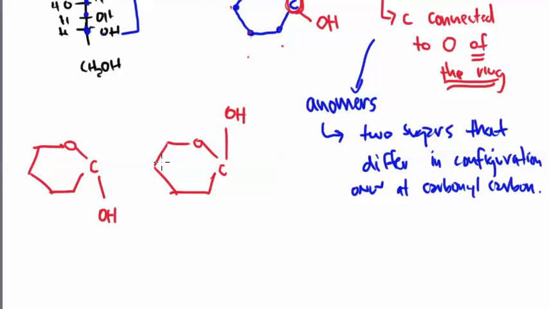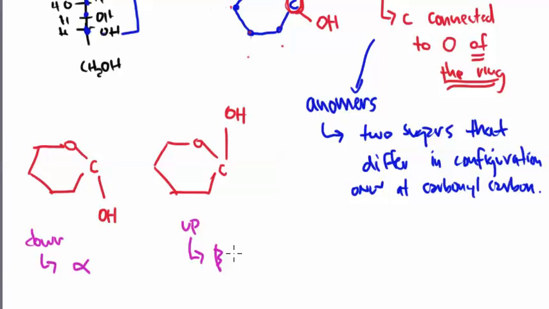If the OH points down, like in this case here, then this term is going to be called the alpha anomer. And if we have the OH group that points up, this term is going to be called the beta anomer.